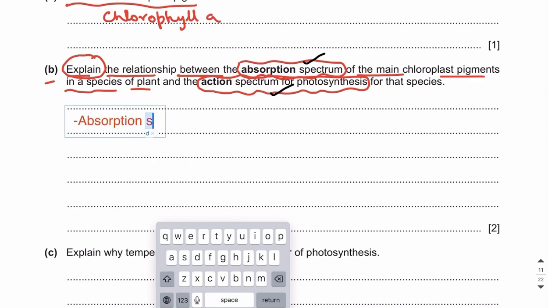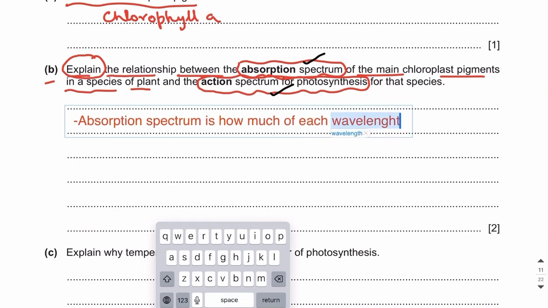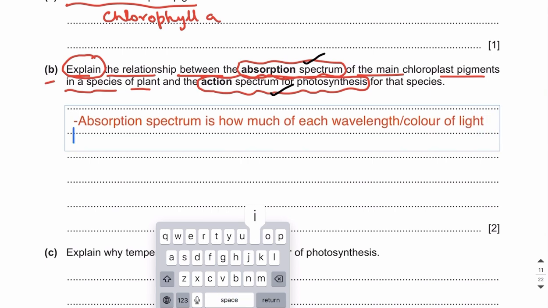So how do we define absorption spectrum? Absorption spectrum is how much of each wavelength or color of light is absorbed by a pigment.